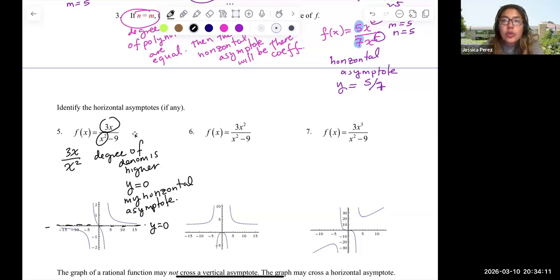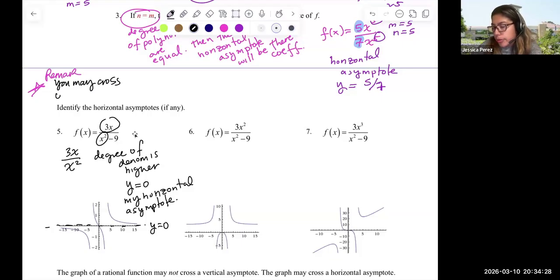And you can cross horizontal asymptotes. You cannot cross vertical asymptotes. So let me do a remark here. You may cross or intersect a horizontal asymptote, but not a vertical asymptote.